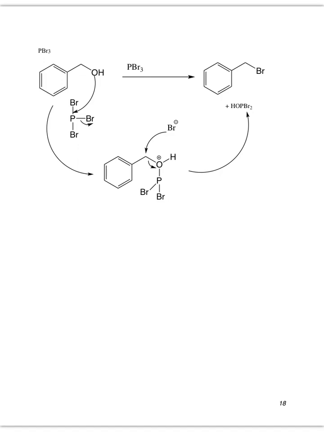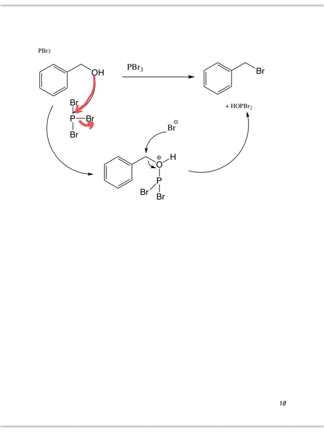We can also do this with PBr3, where the oxygen attacks the phosphorus, kicking out a bromine. It attacks the phosphorus because between phosphorus and bromine, the bromine's more electronegative, so the bromine has a partial negative, the phosphorus has a partial positive. So where's the nucleophile going to add? It's going to add to the phosphorus because it's a partial positive.